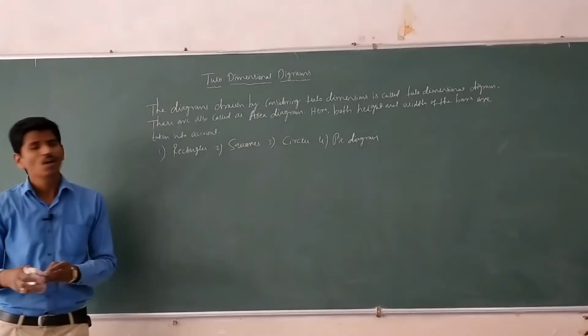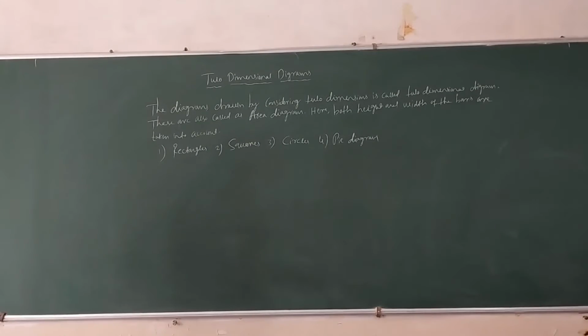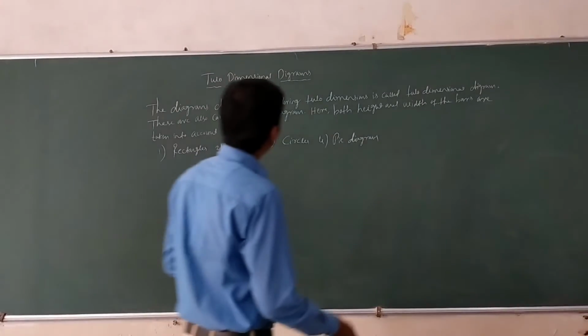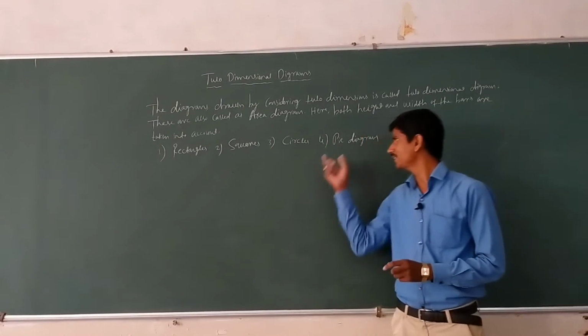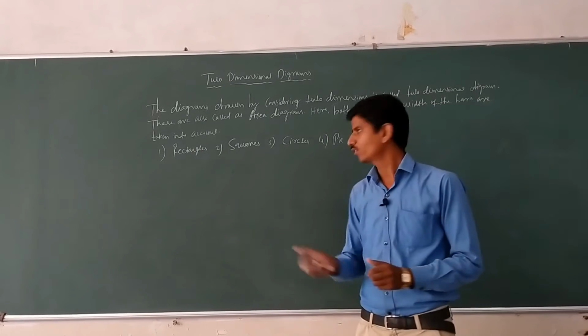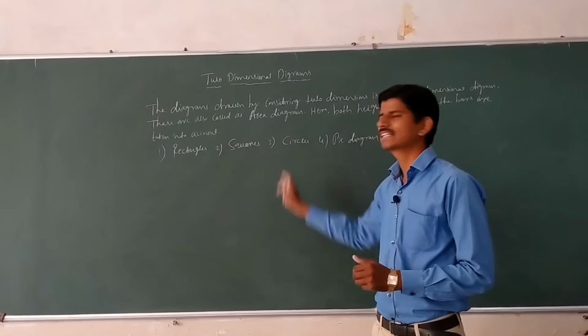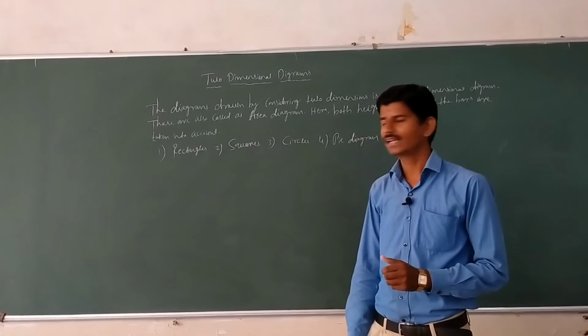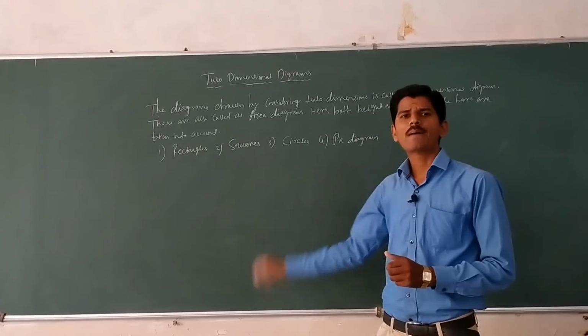There are totally four two-dimensional diagrams: rectangle, square, circle, and pie diagram. In your syllabus, only one diagram is there, that is the pie chart or pie diagram. Here you have to discuss only the pie chart. Rectangles, squares, and circles are not there.